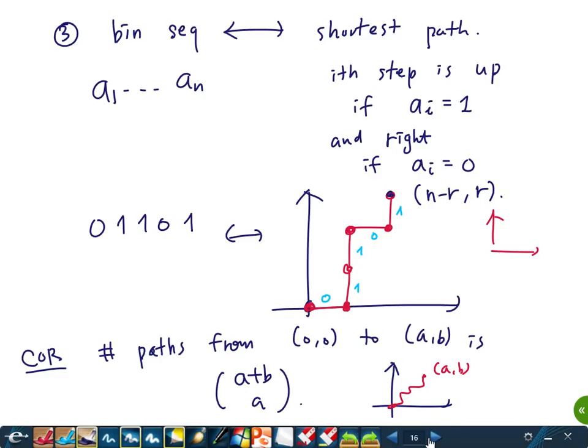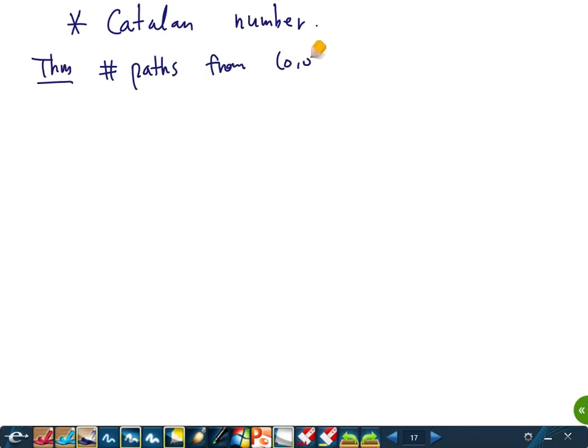Okay, now let me talk about the Catalan number. This is an interesting number. So we know that the number of paths from 0, 0 to a comma b is a plus b choose a. But we want to do something else: the number of paths from 0, 0 to n comma n.